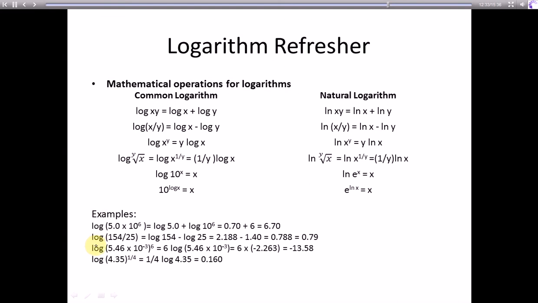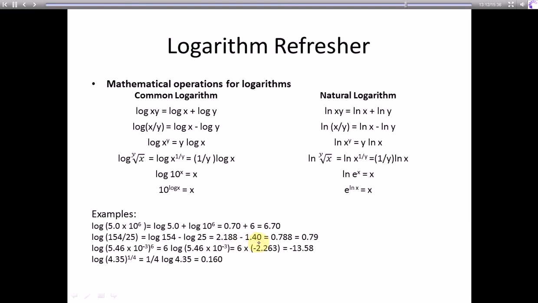The next example is log of 154 divided by 25. What I chose to do is to separate the numerator and the denominator. So I have the log of 154 minus the log of the denominator 25, which equals 2.188, and I have 3 decimal places here because I have 3 significant figures in my argument. And then my other term is 0.140.